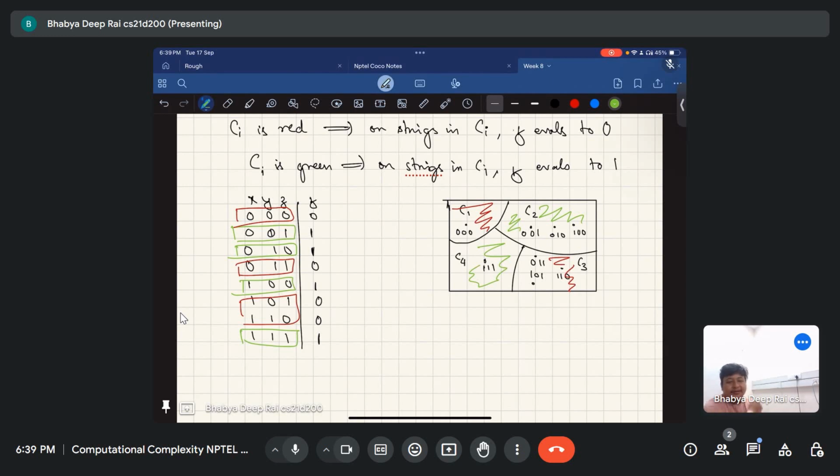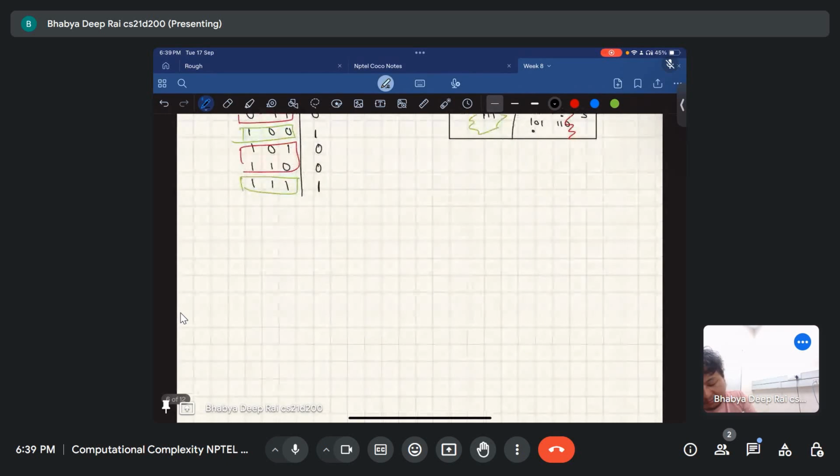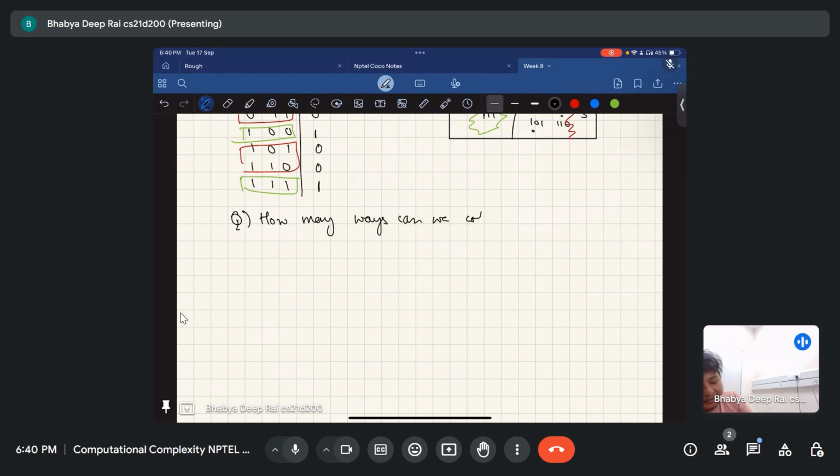So coloring a weight class is the same as representing the symmetric function. So the question is, how many ways can we color m weight classes?